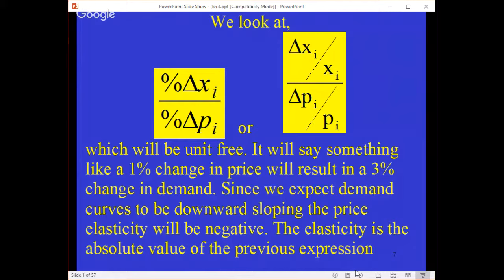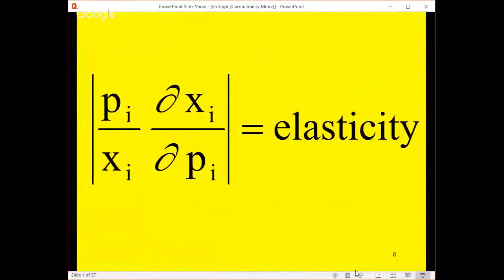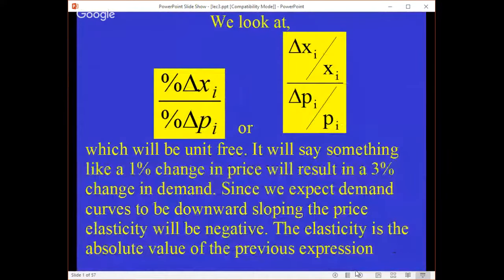Now that I have that, how did I get from here to here? Well, I just did a little bit of algebra.